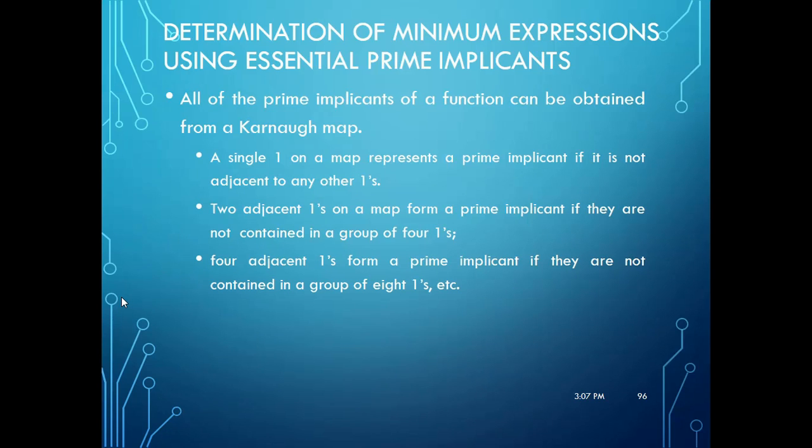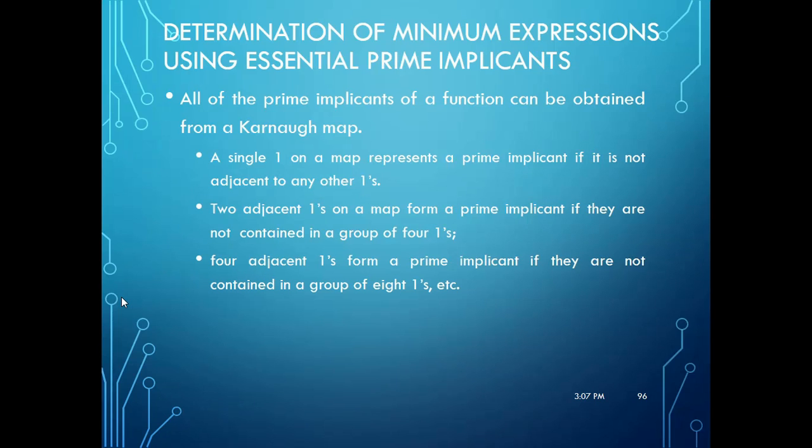There were two possibilities for combining it with two other ones. But here the rule is a single one on a map represents a prime implicant if it is not adjacent to any other ones. It should be a single, isolated one; then only can we say it is a prime implicant.